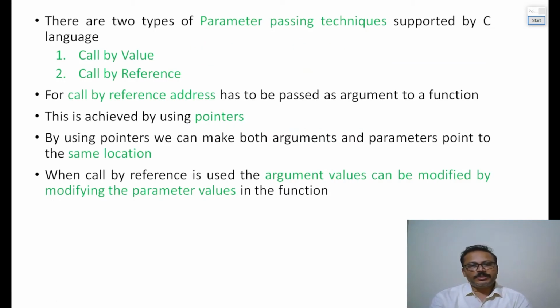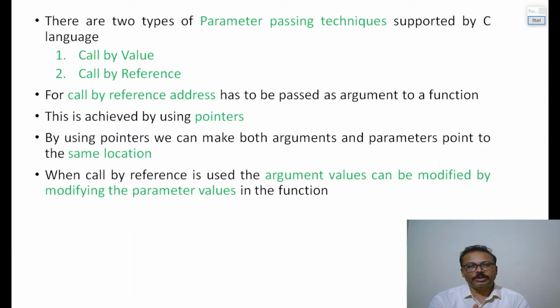In the case of call by reference, both will be referring to the same location. Why? How? Because you will not pass the value, you will be passing the address. The argument address is passed to the pointer.